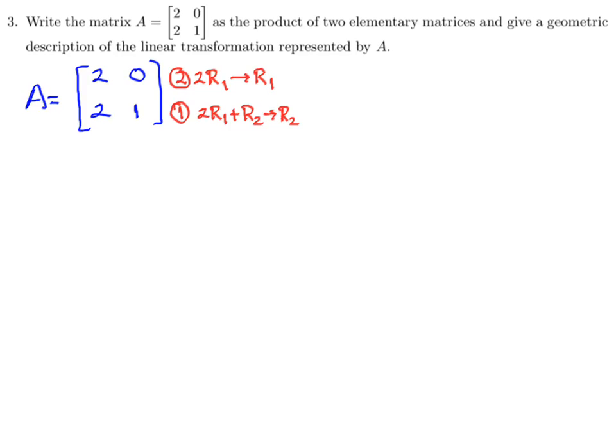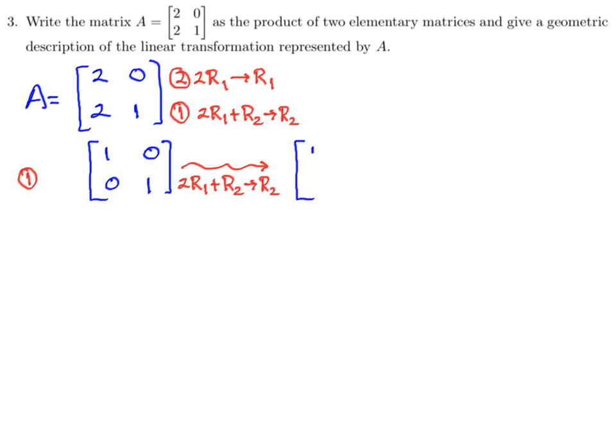So now let's find the two elementary matrices that correspond with these two operations. For the first one, we take the identity matrix and perform that first elementary row operation, adding 2 times row 1 to row 2. And we get 1, 0, 2, 1. Let's call that E1. We can tell by looking at this that it is not an expansion.